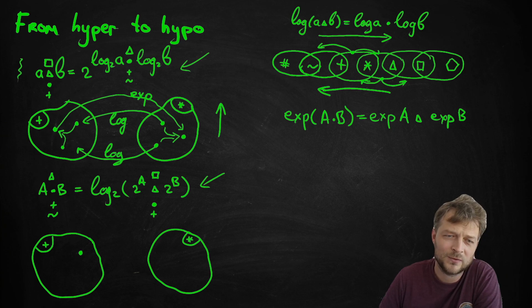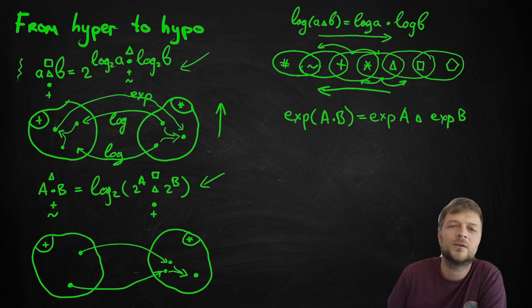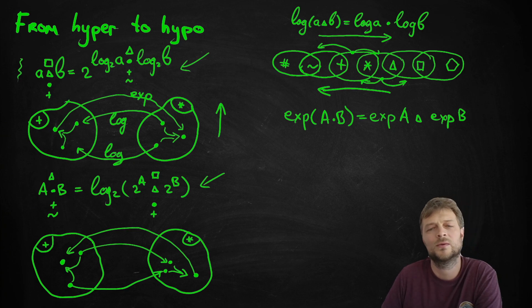So if we have two elements here in plus space, we have to map them here. Then we can multiply them because we know how to multiply them. We get a new element. Now we map it back here. And by definition we consider this new element as the sum of the previous two.